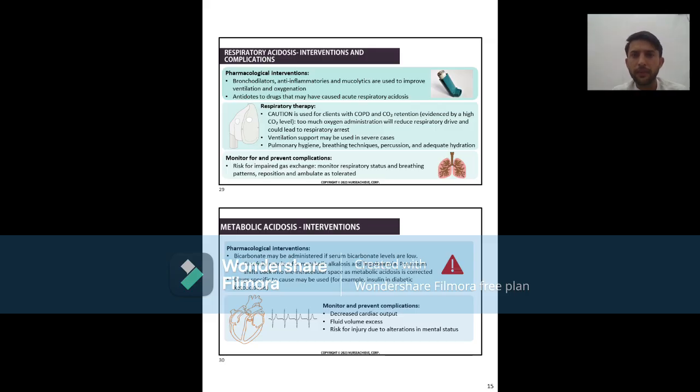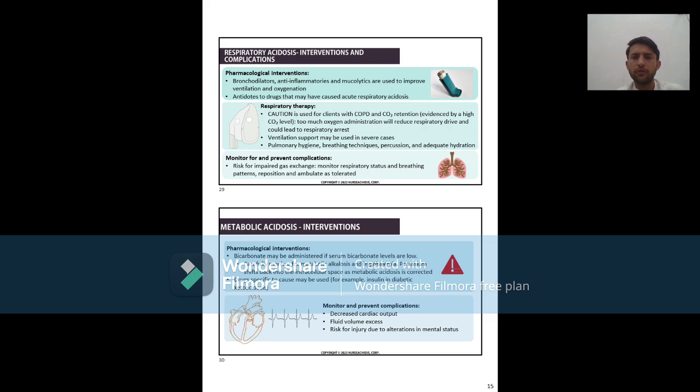In this condition, the patient retains high CO2, evidenced by a high CO2 level. Too much oxygen administration will reduce the respiratory drive and could lead to respiratory arrest. In COPD, we provide the patient a minimum flow of oxygen, and ventilatory support may be used in severe cases.